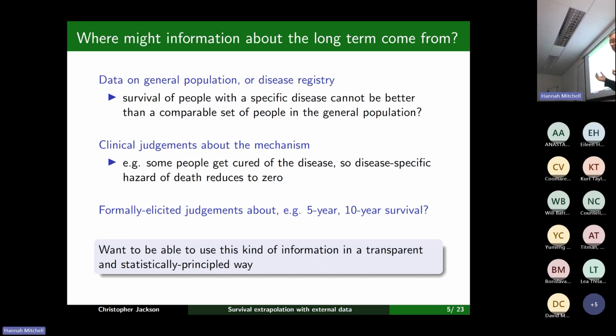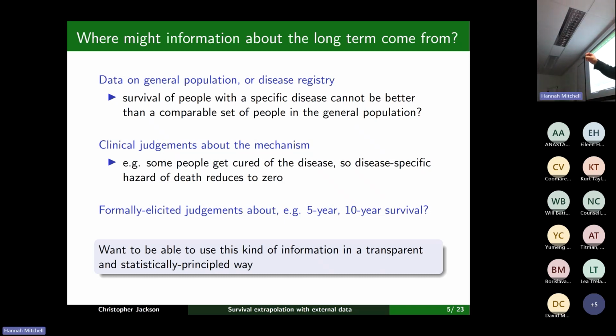You might have data sets that describe people with the same disease as the trial of the treatment you're studying, or disease registries for cancer and many other diseases. So you might want to exploit the information in those data on survival in the longer term than the trials tell you. And you might want to build in clinical judgments, such as I think that some people get cured.